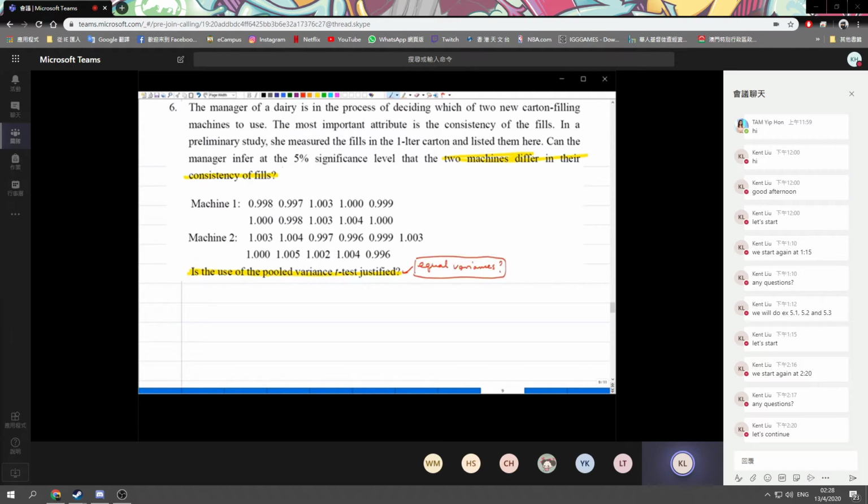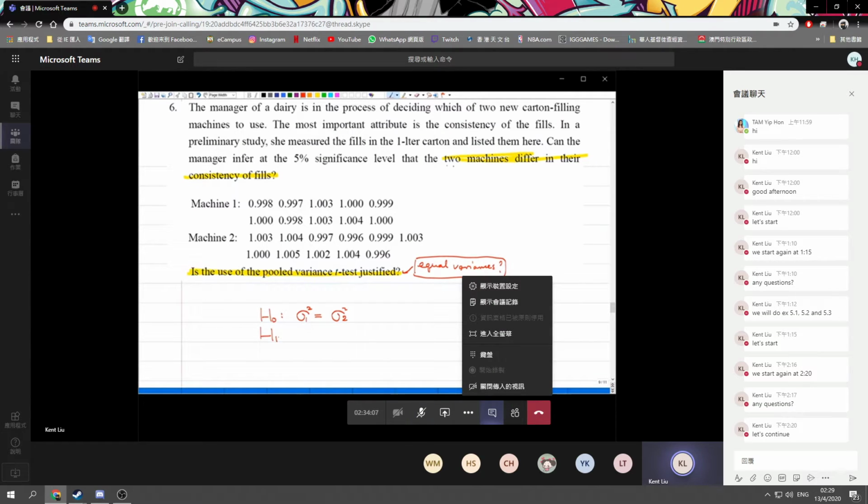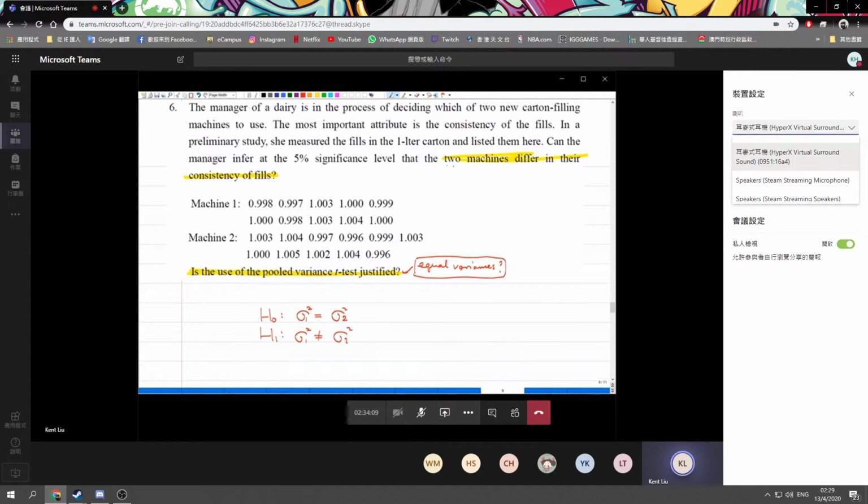So here, let's answer the first question. We want to see whether the variability of machine 1 is similar to the one in machine 2. Because it has the equal sign, this is going to be our null hypothesis, and your alternative is the opposite of it. This is our step number 1.